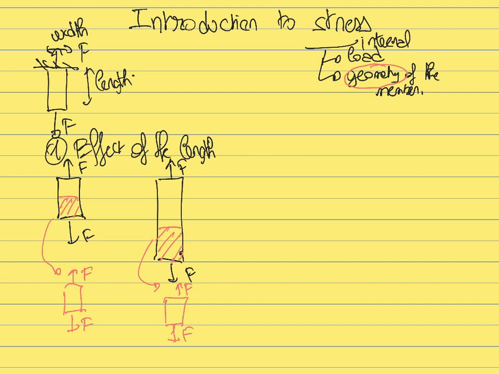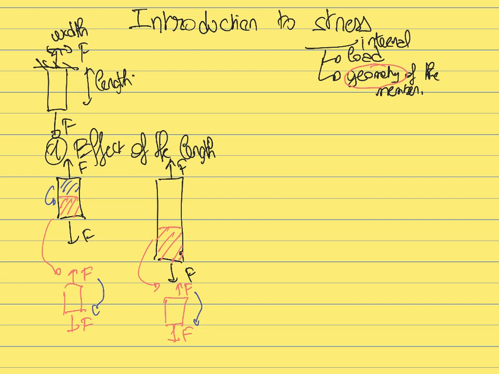So in this case, since we are cutting this member in two parts, now the top part acts as a fixed support to the bottom part, so it's going to be applying a load to the bottom part. And if we say that the bottom part is at equilibrium, then this load must counterbalance the load that is applied at the bottom for this bottom part to be at equilibrium.